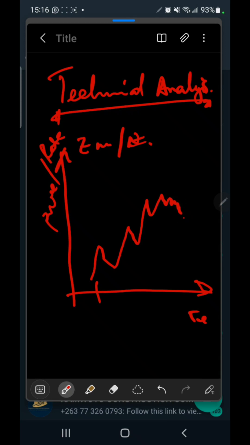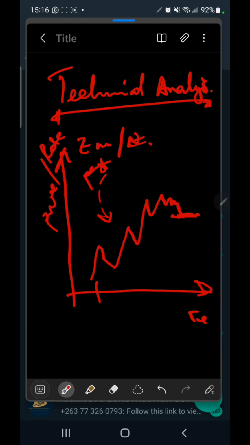So we are going to be studying what has happened in the past, and that is going to be our basis on which we're going to predict what is going to come up in the future.